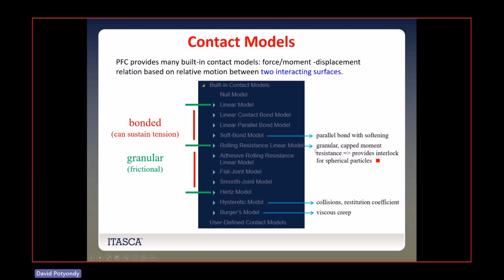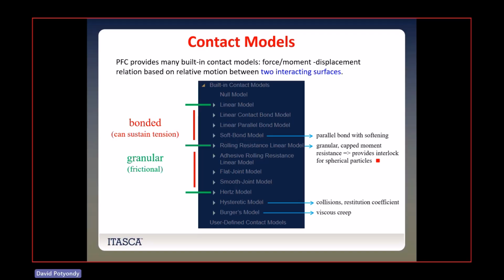The basic idea, though, is that particle shape is critically important to the behavior of a granular material. And spherical particles have very little interlock between them. Think of a spherical particle in the middle of a big assembly of spheres, and if you could reach in and rotate a sphere, there's no dilation.